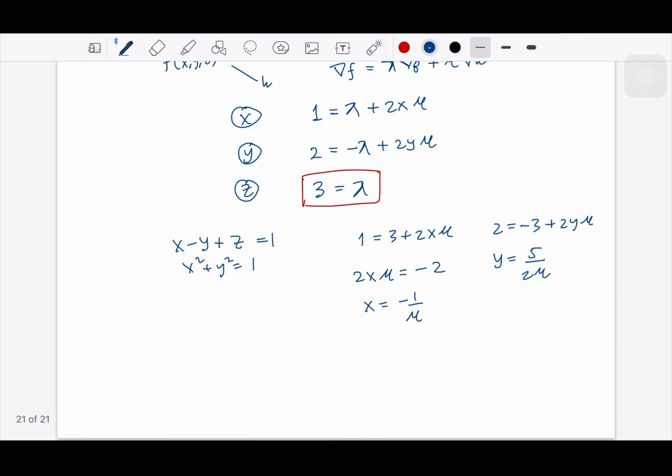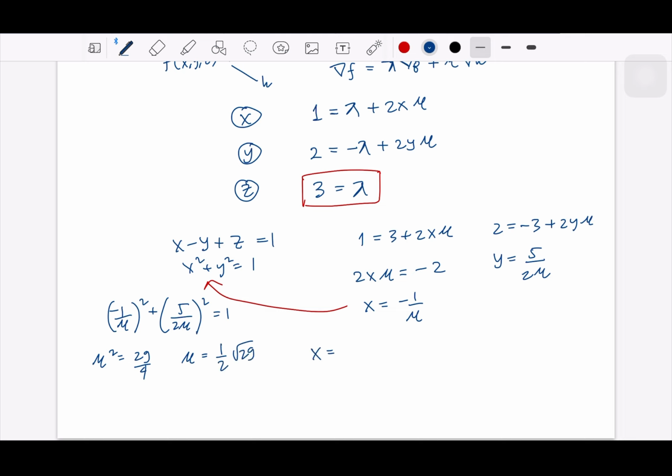And if we substitute into this circle equation, we are going to have it equal to 1. So we get that mu squared is 29 over 4, or mu is half the square root of 29.